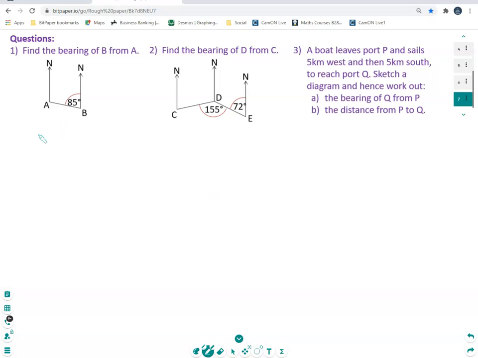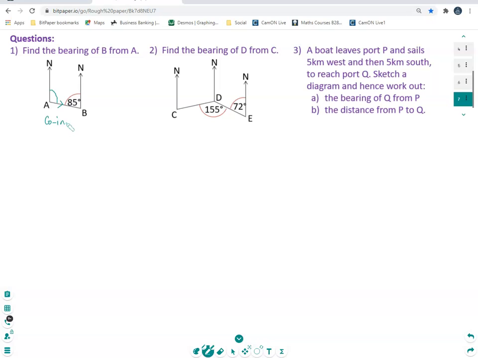Right then, number 1. Okay, the bearing of B from A. We're going from A towards B, so let's put an arrow on first. So the angle that we're looking for is this one here. And what do we know about this angle and this one? Well, the 2 north lines are parallel. So what we've got here is 2 co-interior angles. And co-interior angles add up to 180 degrees.